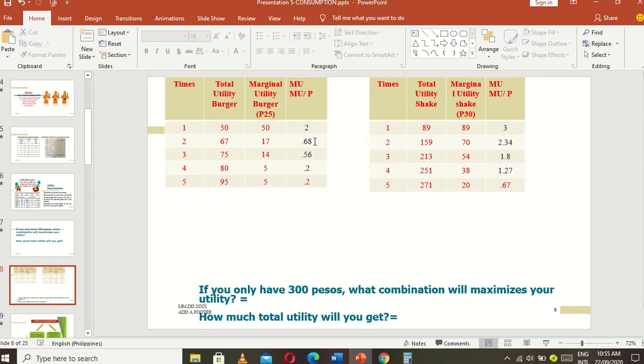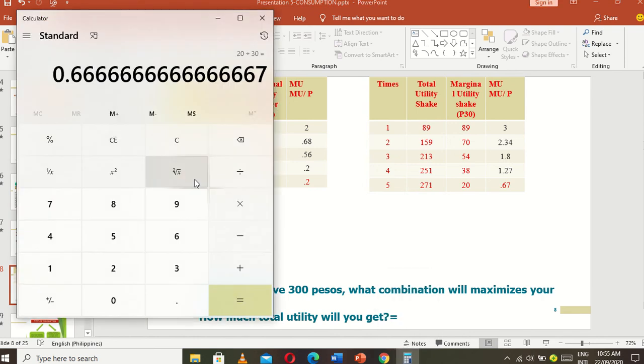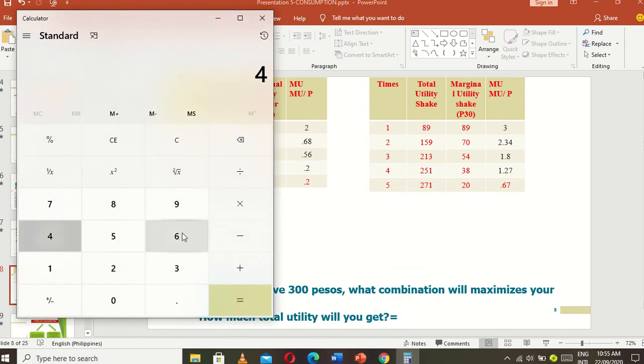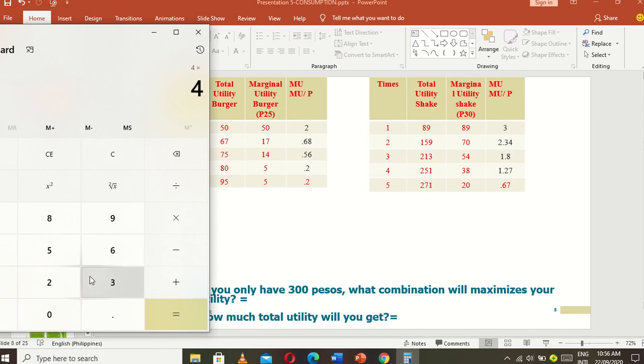So, yun yung pinakamalaking utils, top 4 dito at top 4 na dito. Let's try to budget your 300 pesos sa 4 na burger at 4 na shake. Now, if we have 4 na burger, times 25, that makes it 100. And 4 na shake, so 30 times 4 makes it 120 plus 100 the burger. So you have 220.